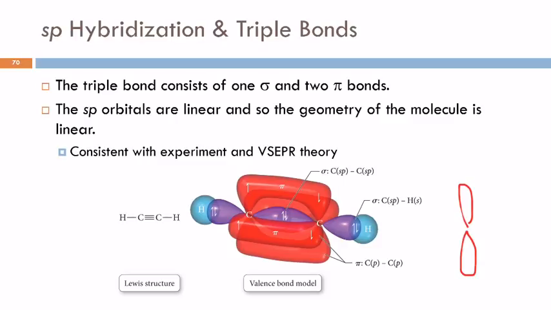Both sides is 1 orbital. Okay, I got you. So it's really 2. And here's 1 orbital on the other. And they overlap side to side like that. That's 1 bond, 2 electrons. And then the other one is perpendicular.